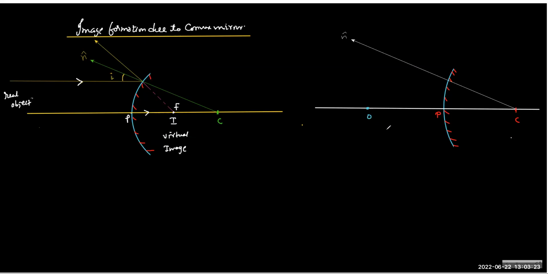So take any object. How will the light ray go from this object? This is the incident ray, correct? The reflected ray will be like this.